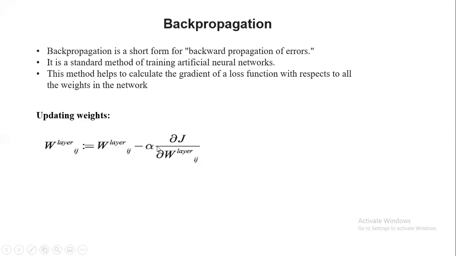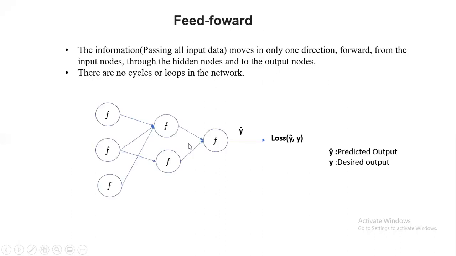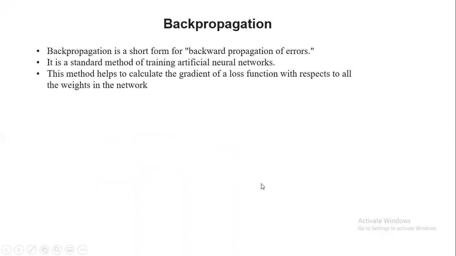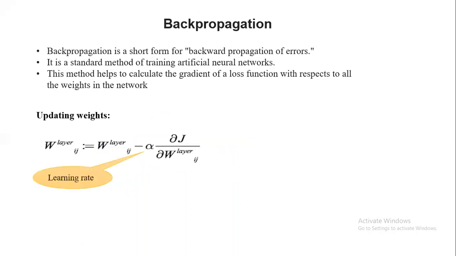So what this del J by del W is: J represents the error, the mean square error we have seen here. Yes, this loss or error is represented by J. So here it is the loss, and it is differentiated with respect to the weight. So that's how we get the optimum weight, and multiplying with alpha regulates the speed of convergence.